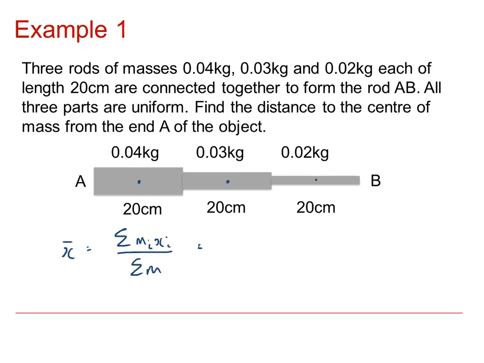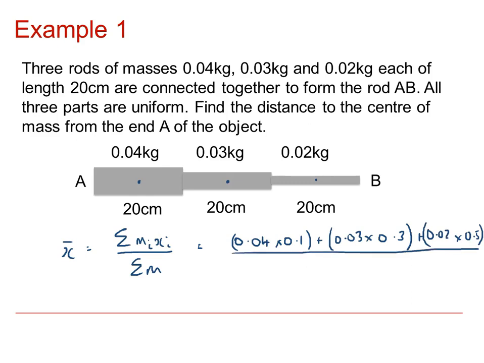So the individual moments then are 0.04, that's the mass, multiplied by its distance 0.1, 0.03 multiplied by its distance 0.3 in total, and 0.02 multiplied by 0.5. We've got to divide that by the sum of the masses, so that's 0.04 plus 0.03 plus 0.02.